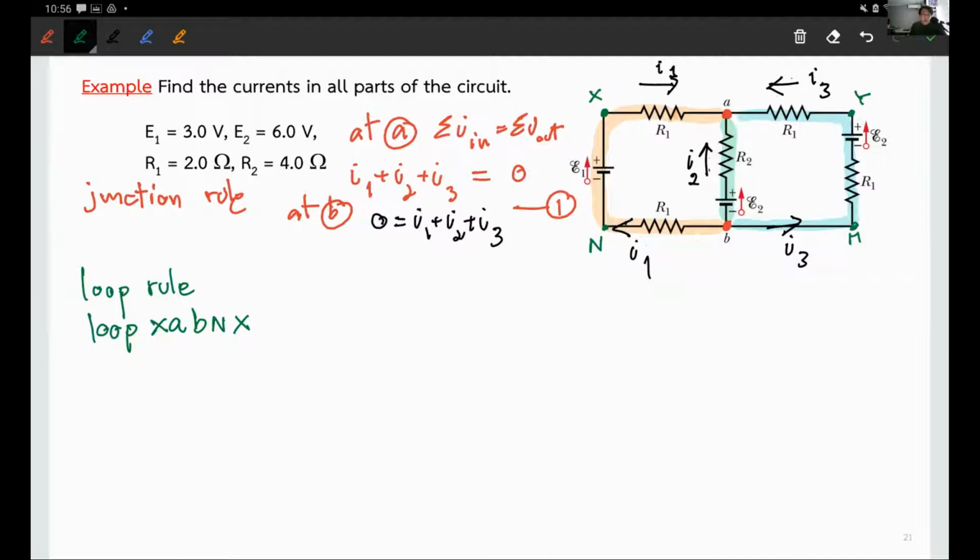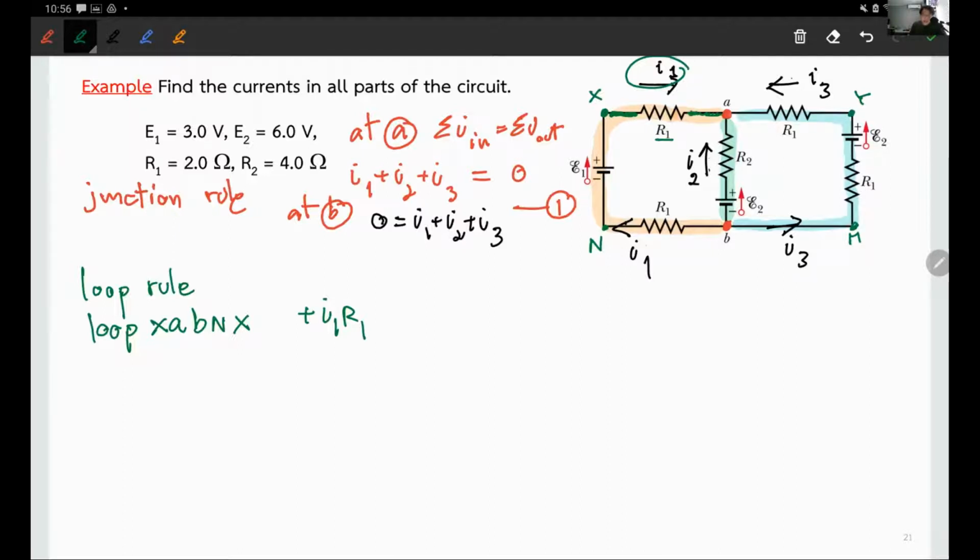And now I am going to start walking, analyzing along this. I'm starting from X. Now I hit R1 with the current flow I1. Because I'm walking in the direction of the current flow, I say positive I1 R1. Okay, let's do the number substitution at the end. Keep walking.